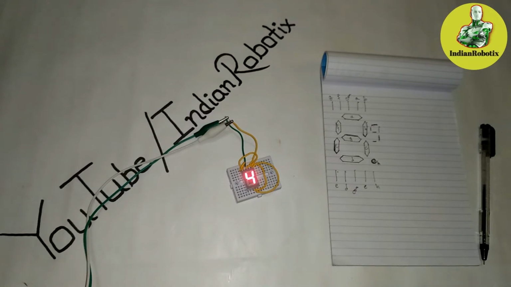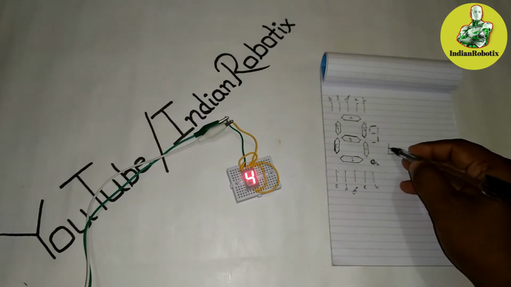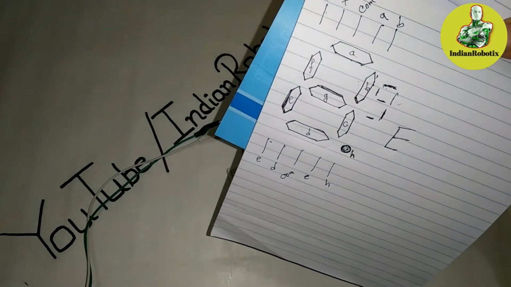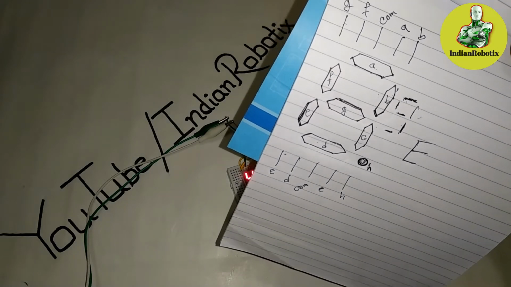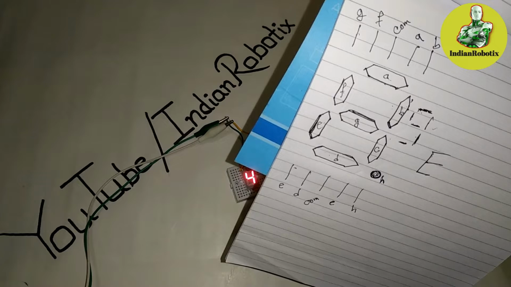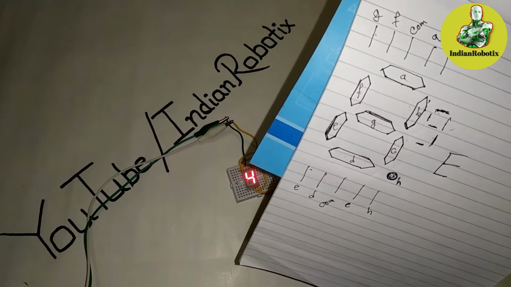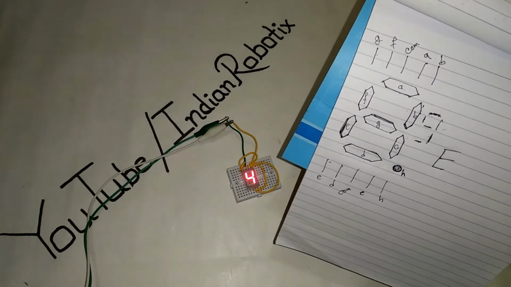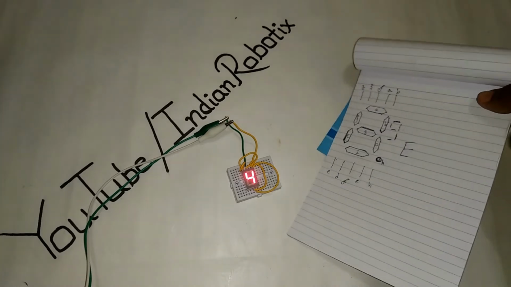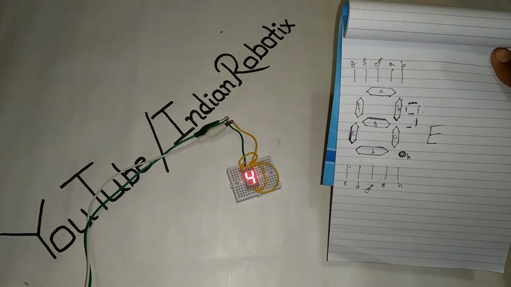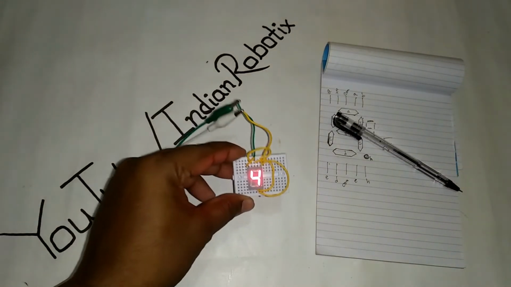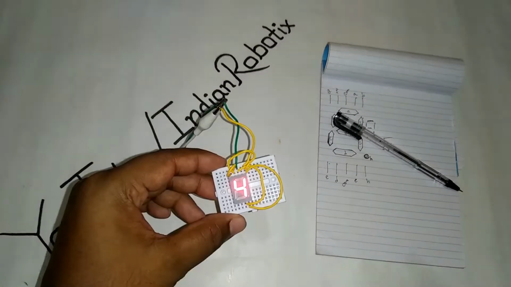Suppose you want to print E. Okay, suppose I am going to print E. So for printing E I need the A, F, G, E, D LEDs or segments to be high, or we need to provide 5-volt input to those LEDs. Okay, so let's make E.